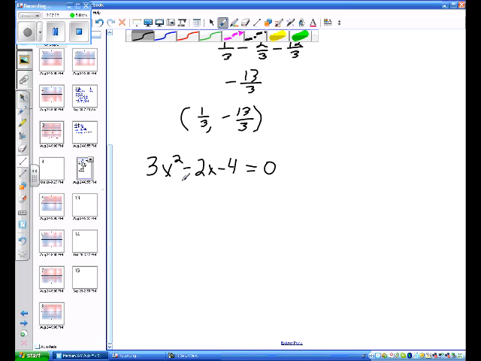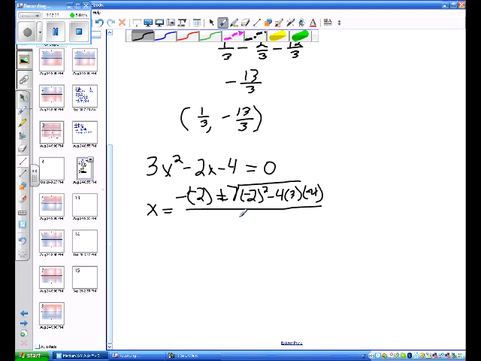And we could try to factor it, or we can go ahead and use our quadratic formula. So x is equal to the opposite of b, plus or minus the square root of b squared minus 4ac, all over 2a.